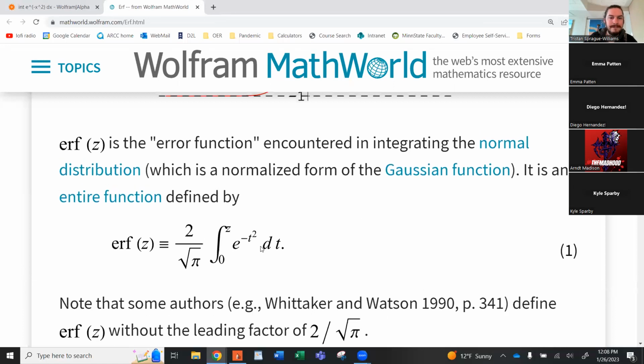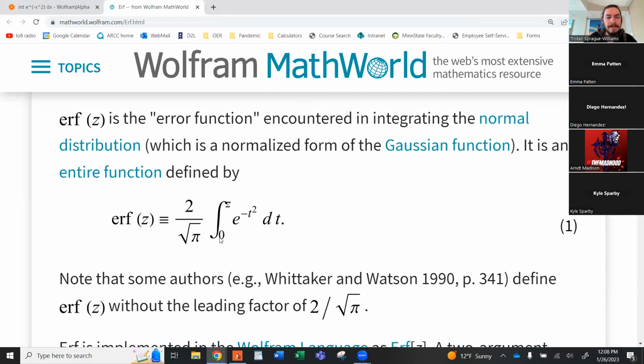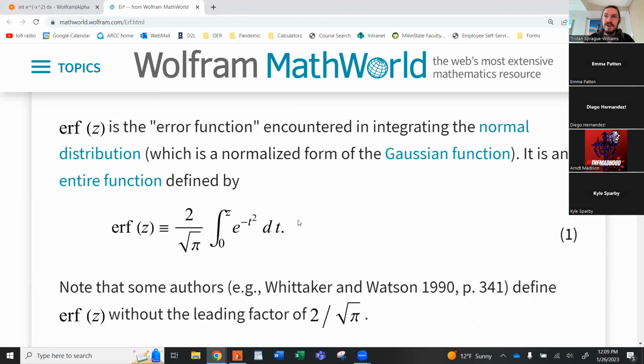So if we want to evaluate ERF of 2 or whatever, we need to be able to evaluate a definite integral of e to the negative t squared from 0 to 2. But we can't evaluate that with an antiderivative because ERF is the antiderivative. Do you see how that's circular? So how do you even do it?